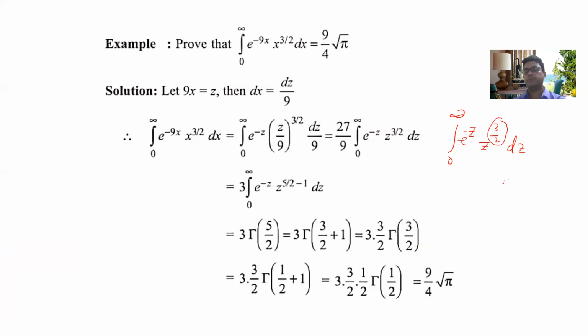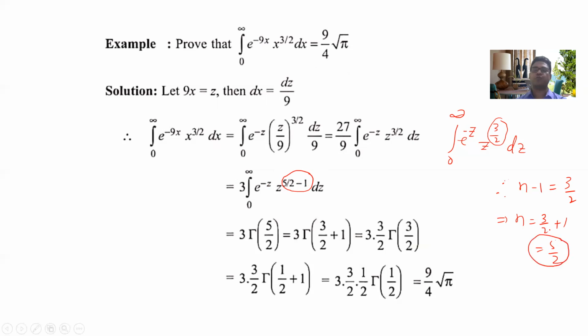So that's why you should write n minus 1 is equal to 3 by 2. So from here you may write n is equal to 3 by 2 plus 1, which is 5 by 2. So that's why I am writing this. Now you know n, so that is 5 by 2 minus 1. So this is the logic.